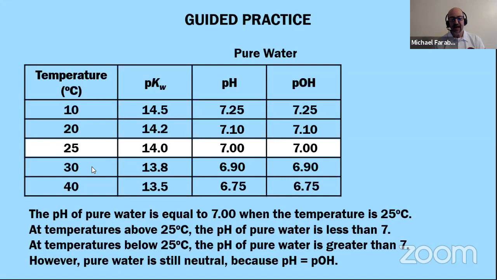So for pure water at temperatures above 25 degrees Celsius, the pH of water is actually less than 7. So remember that for our follow-up to this question I showed you earlier with the 3 flasks. And at temperatures below 25 degrees Celsius, the pH of water is greater than 7. However, we are not changing the neutrality of water. Pure water is still neutral because pH equals pOH.